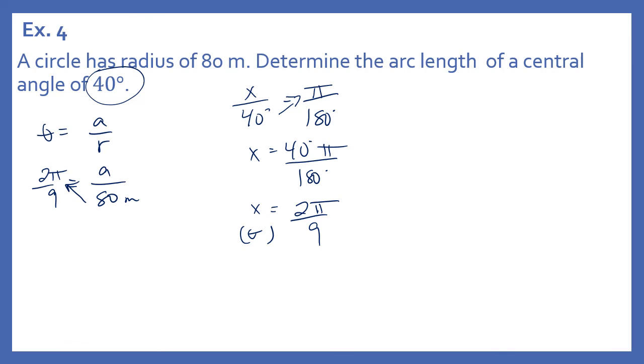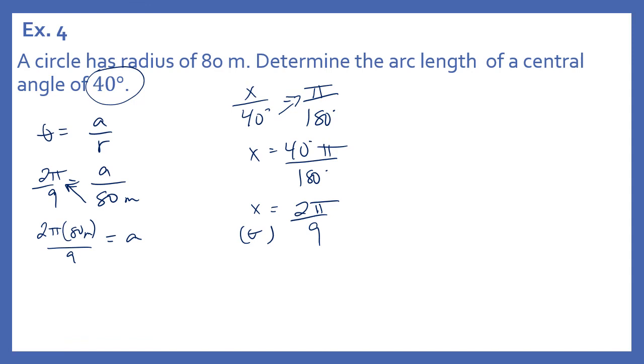Cross multiply, so it would be 2 pi times 80 meters over 9 equals the arc length. And then 2 pi times 80. Whenever you're using pi to multiply, just leave pi alone. So don't type in 2 times pi times 80 because your calculator is going to give you a decimal. Type in just the whole numbers and leave pi. We want to leave things in terms of pi because it's a much nicer number to look at.